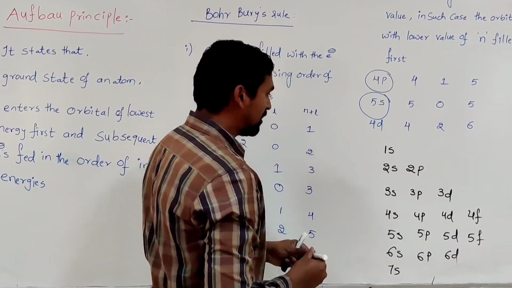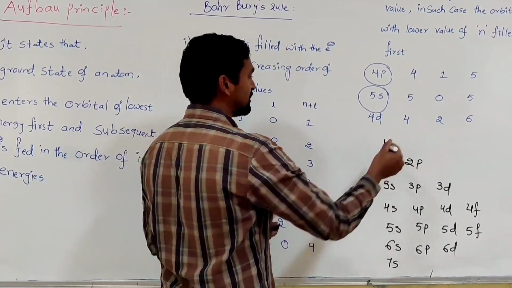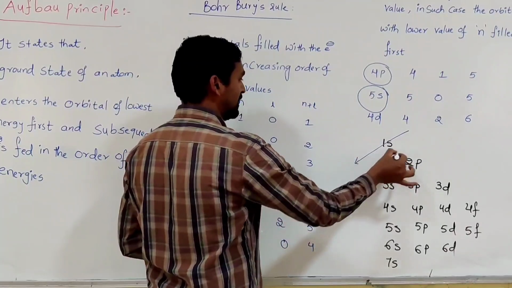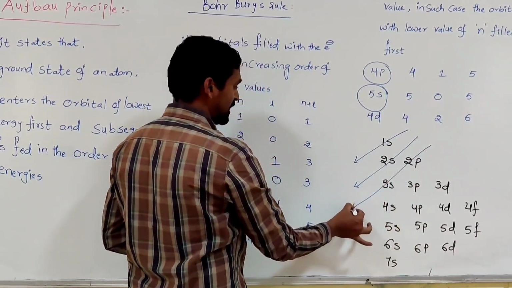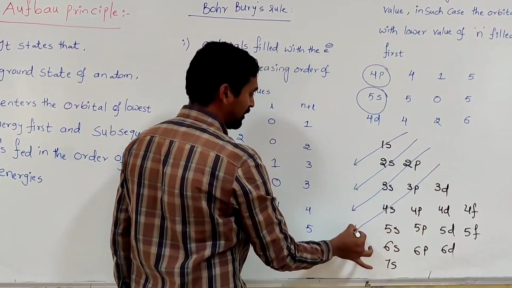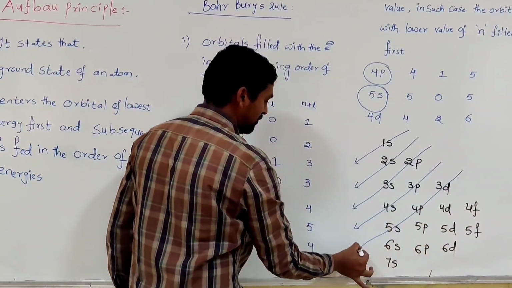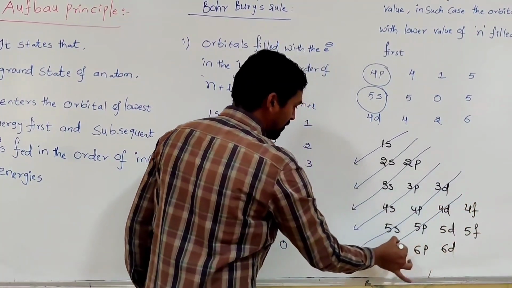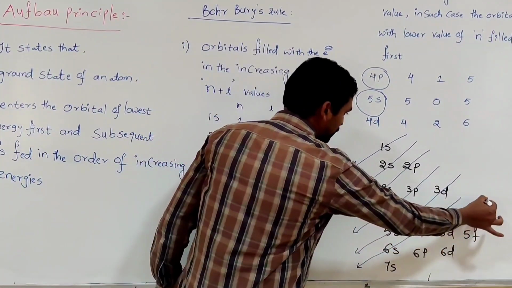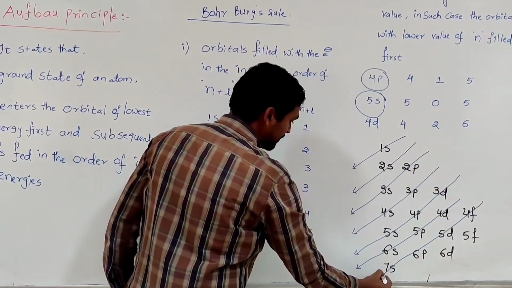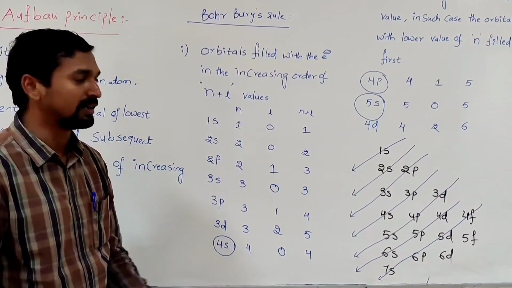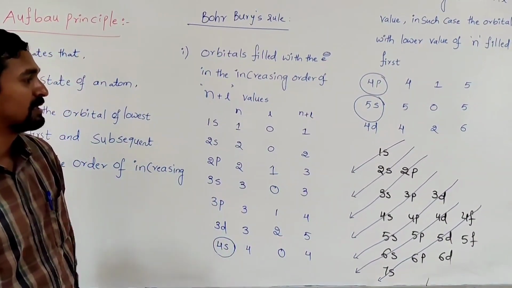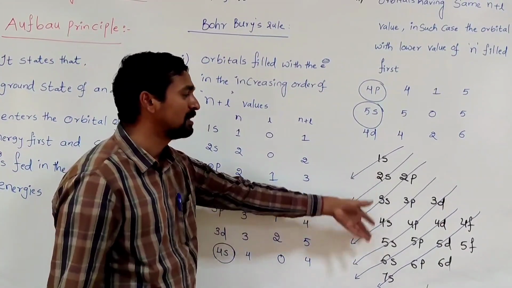After that you can draw lines like this. First the electron enters which orbital? 1s, after that 2s, then 2p, 3s, then 3p, 4s, 3d, 4p, 5s, 4d, 5p, 6s, 4f, 5d, 7s, like that. So we are filling the electrons in the increasing order of their energies.